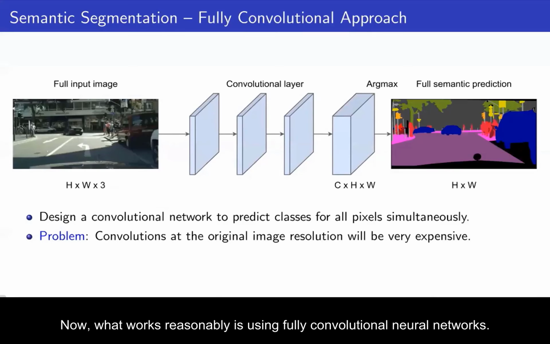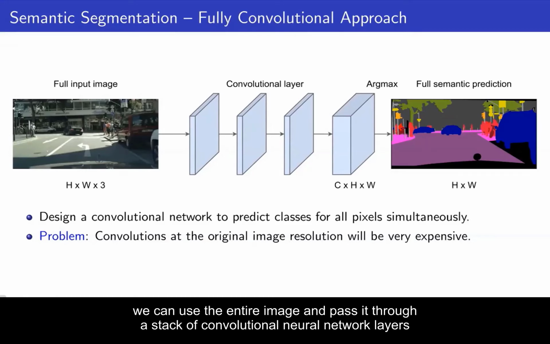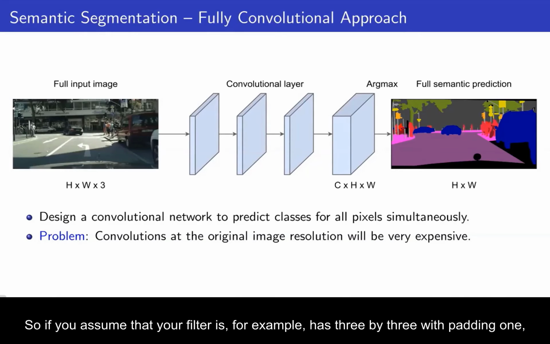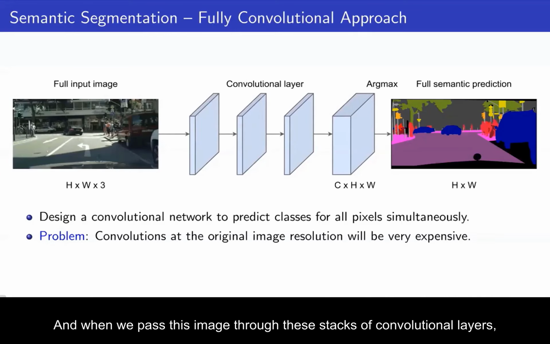Now, what works reasonably well is using fully convolutional neural networks. Rather than extracting individual patches from the image and classifying these patches independently, we can use the entire image and pass it through a stack of convolutional layers with no fully connected layers anywhere. If you assume that your filter is, for example, 3 by 3 with padding 1, then the convolutional layer will preserve the spatial size of the input throughout the network.